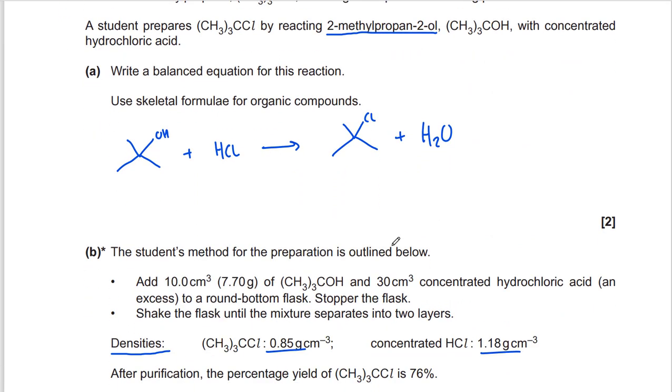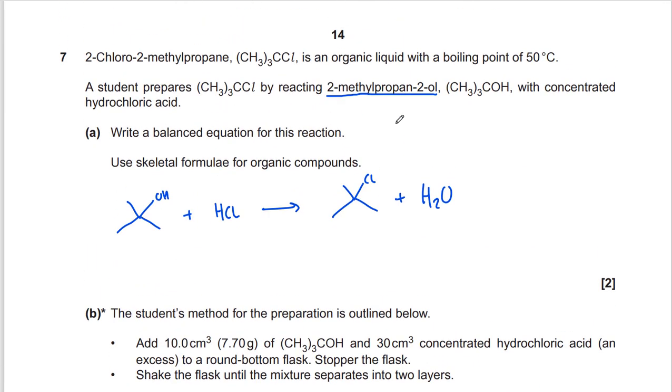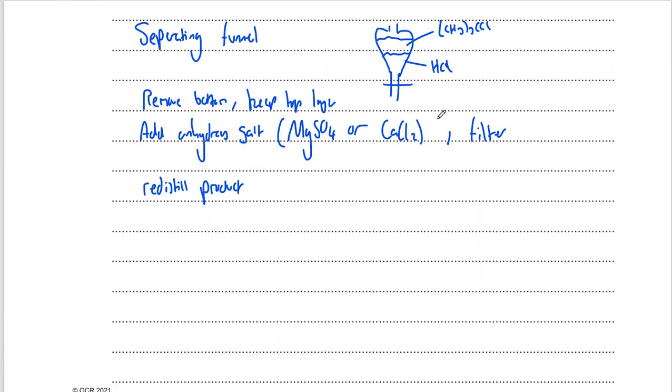If you look back in the question, right at the beginning, they have told you the boiling point of the product. They haven't done that for no reason. The boiling point is what you want to redistill at, because that's what you're going to collect at. So when you distill, you have to boil the product and collect it. So you're going to redistill the product at 50 degrees Celsius.